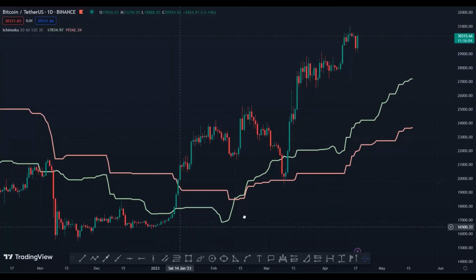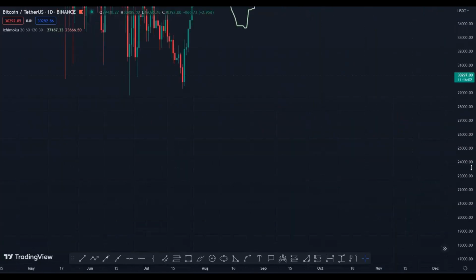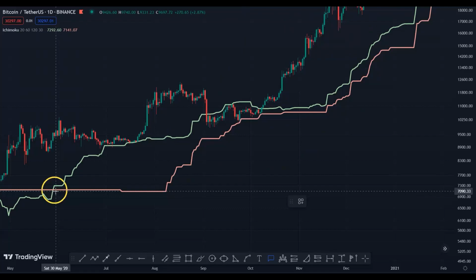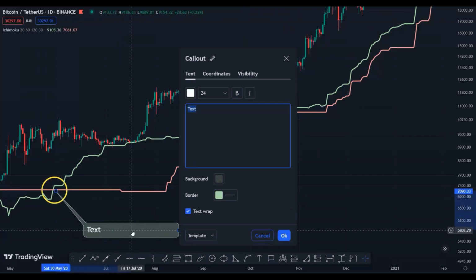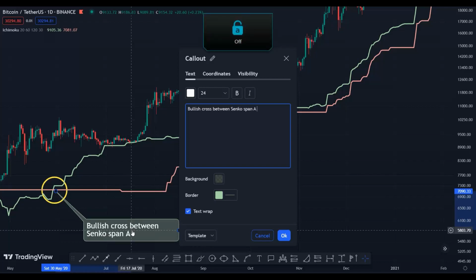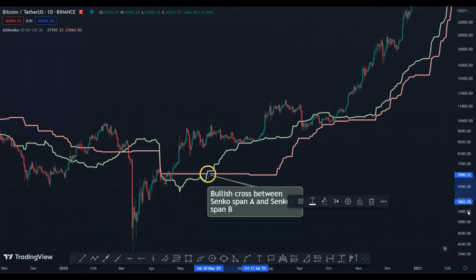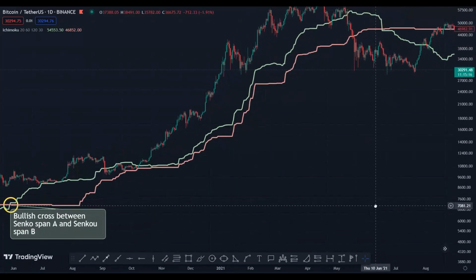So you remember we talked about the bullish and bearish cross between Tenkan-sen and Kijun-sen. This is a bullish cross between Senkou Span A and Senkou Span B. Bullish cross between Senkou Span A and Senkou Span B. Okay, and look, where is the next bearish cross?